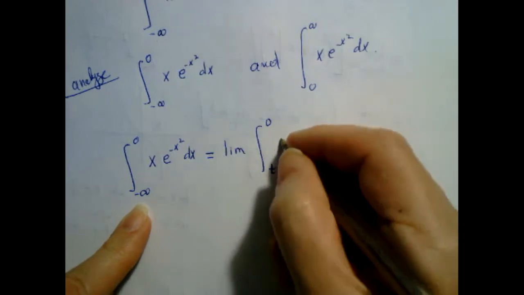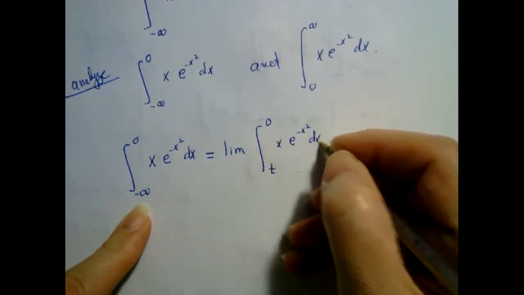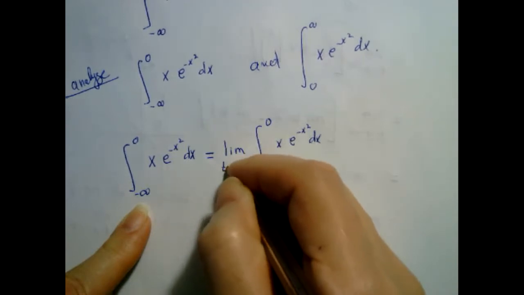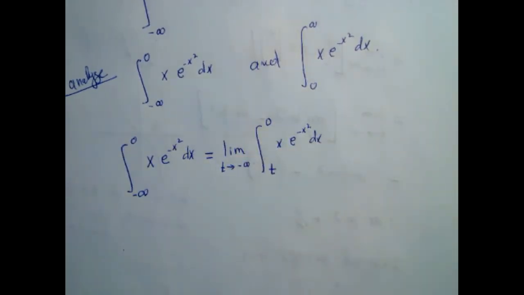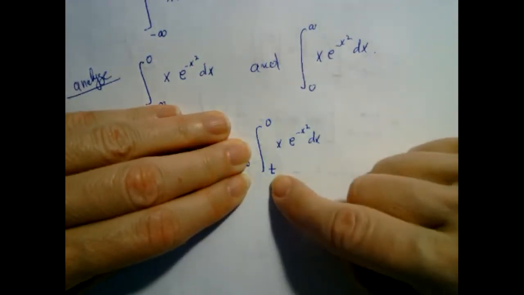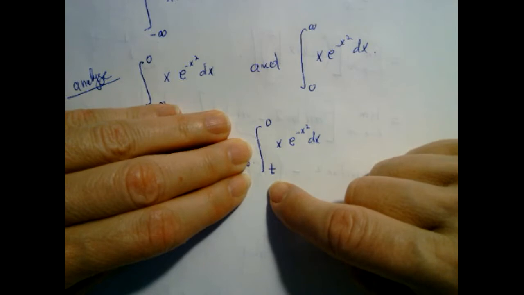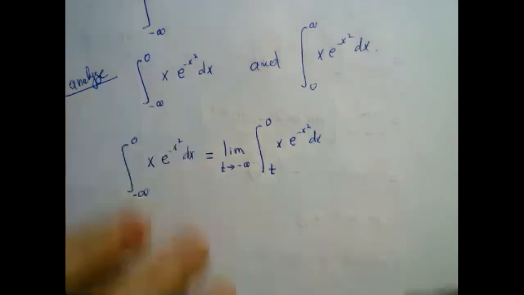So I have to compute this integral, and then I'm going to let t go to minus infinity. So that's the definition. Now the problem is a question of evaluating this integral, which is going to depend on the value of t. And then I will let my t become more and more negative.